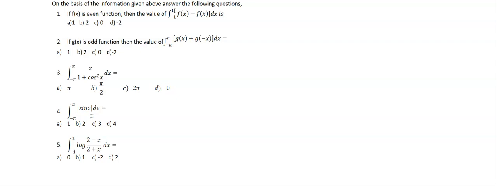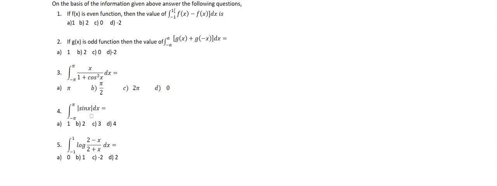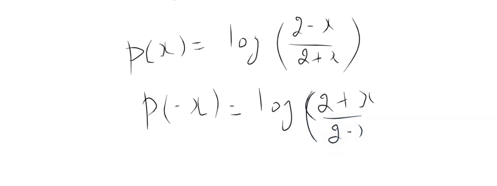Now coming to the fifth one, integration of minus 1 to 1 log of 2 minus x by 2 plus x dx is a 0, b 1, c minus 2, d 2. Let us quickly solve this. Now let us take p of x to be equal to log of 2 minus x by 2 plus x. So clearly p of minus x would be equal to log of 2 plus x divided by 2 minus x.